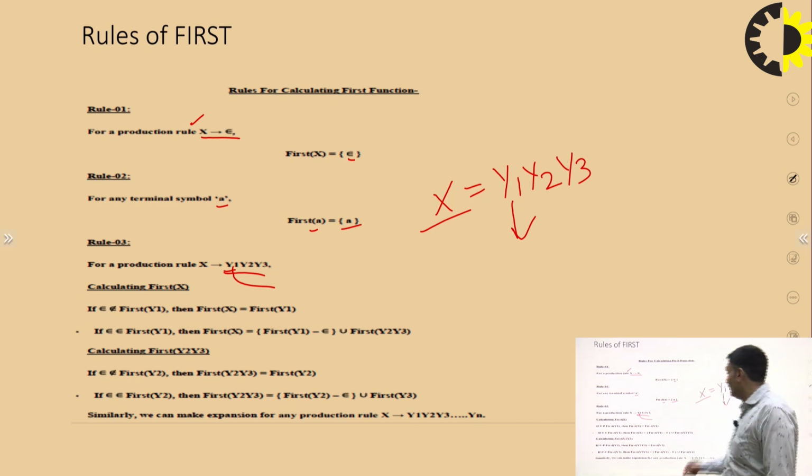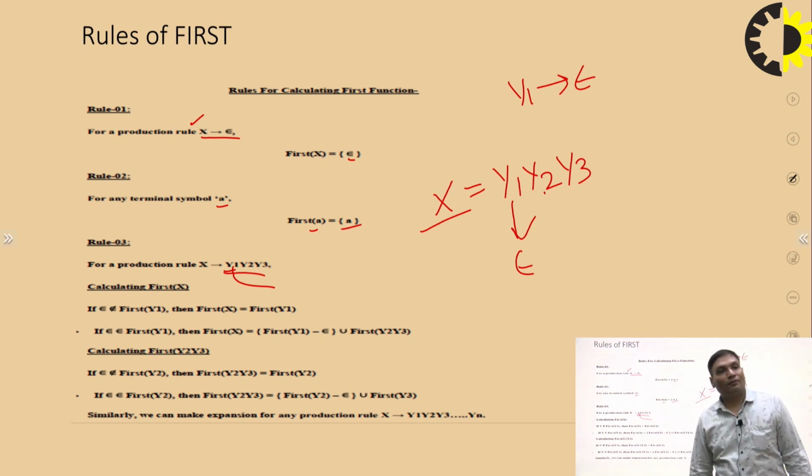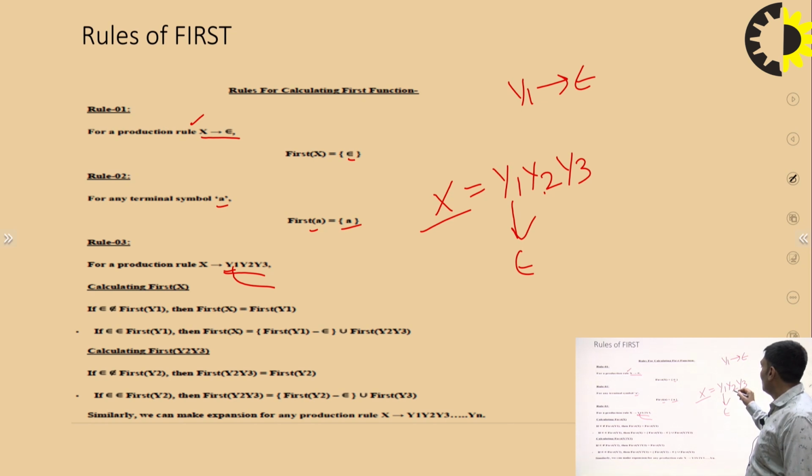If there is a possibility that Y1 is generating epsilon, then we will look to Y2 and Y3. Then again the same rule will be applied. We will see what are the generating terminals of this Y2, or if it is also producing epsilon, then we will see the generating terminals of this Y3.